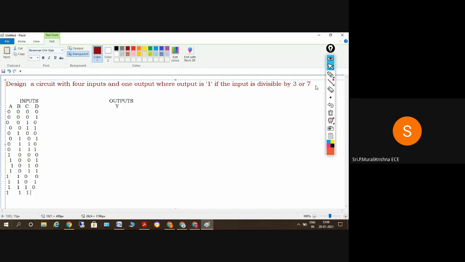The output is 1 for the inputs which are divisible by 3 or 7.